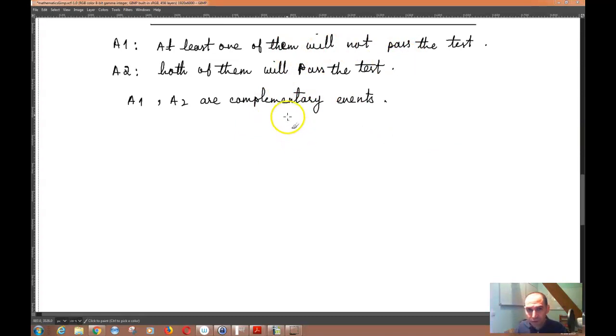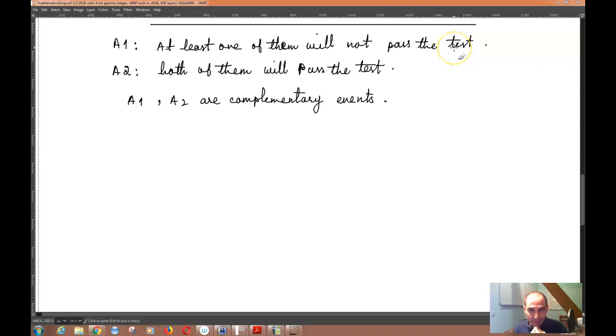And the logical opposite of that would be both of them will pass the test, right? So A1 and A2 are complementary events, meaning that at least one of them will not pass the test.